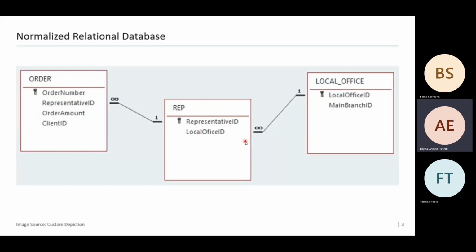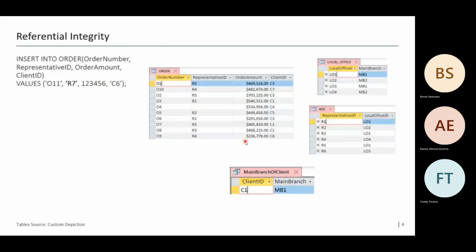This diagram shows the relationships among the tables. If we want to find the main branch responsible for serving C1, we can join the three tables as shown here. Notice first that we are adding the table's names before the attributes to prevent confusion.